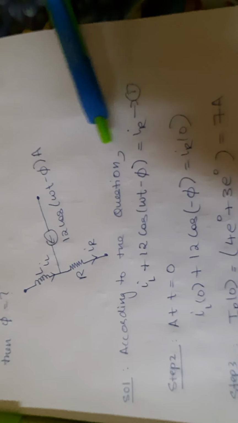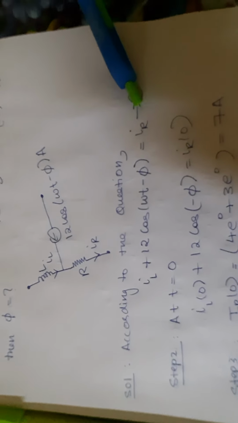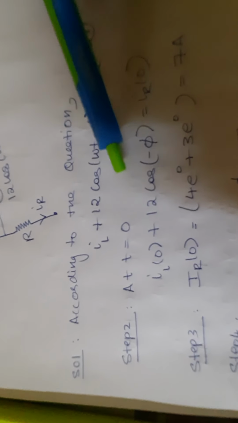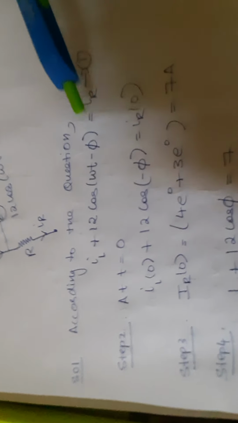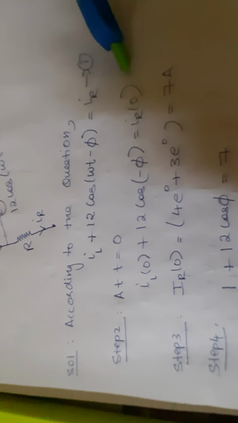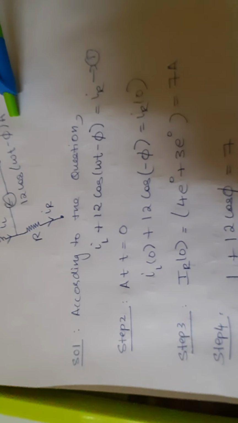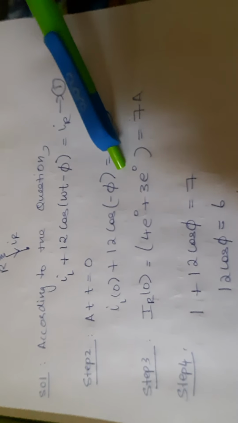So for all the others also we will find at t equal to 0. So substituting that, I get IL of 0 plus 12 cos minus phi equal to IR of 0. Now they have given IR of t in the equation and we have to substitute t equal to 0 and find IR of 0. So when I do that, I get the value as 7 amperes.